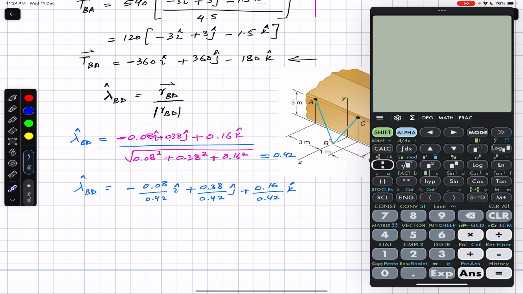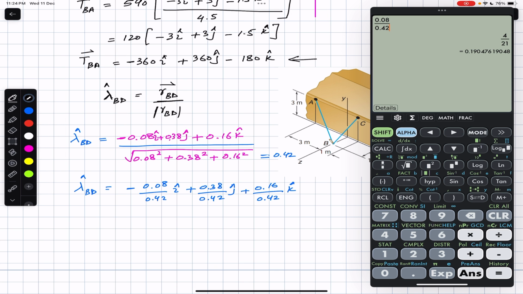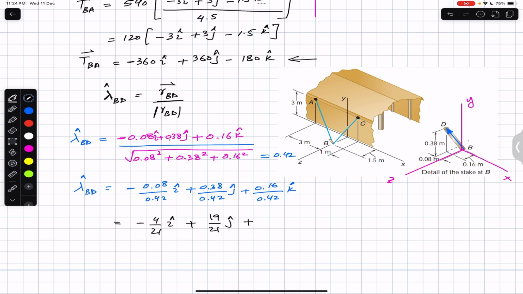Okay, 0.08 divided by 0.42 gives me 4 divided by 21, so minus 4 divided by 21 i. Then 0.38 divided by 0.42 gives me 19 divided by 21 j. And then 0.16 divided by 0.42 gives me 8 divided by 21, so plus 8 divided by 21 k. So this is the unit vector along the stake from B to D.